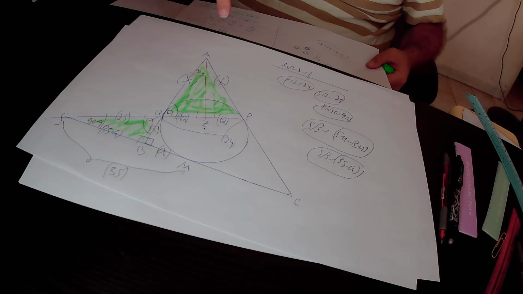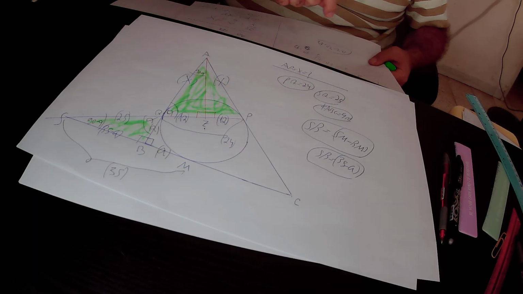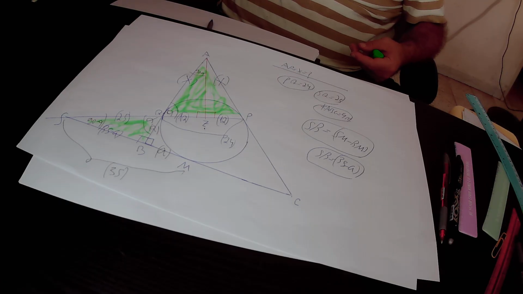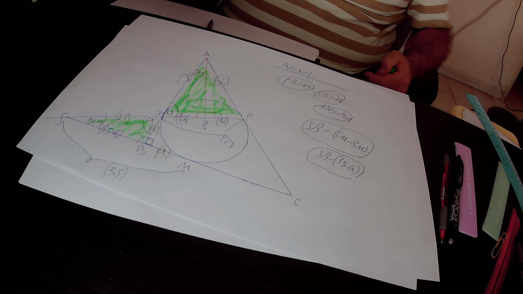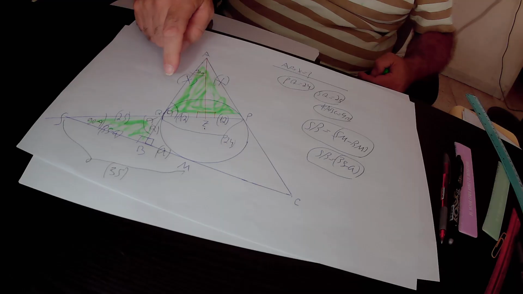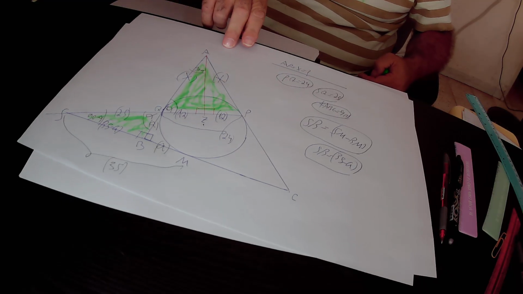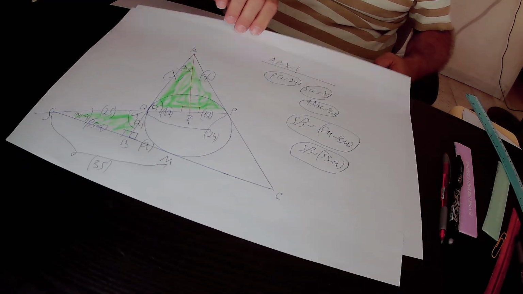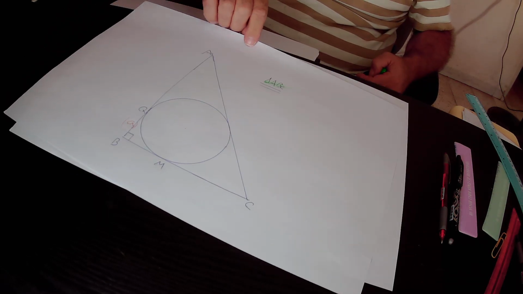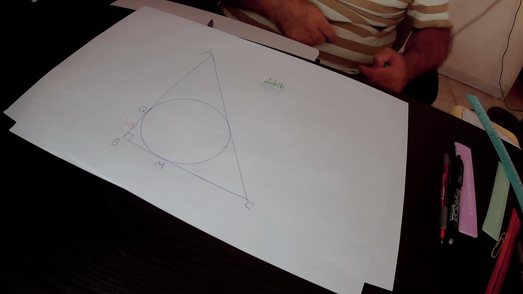we analyze this right triangle ABC. I copied this right triangle ABC onto a new page and we analyze it. This is right triangle ABC, that is the one from the original drawing.